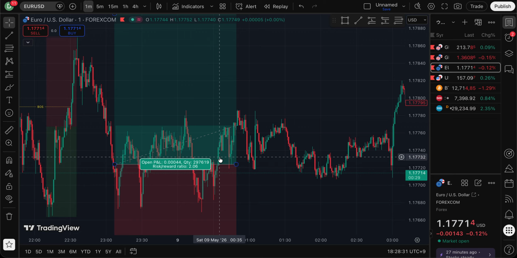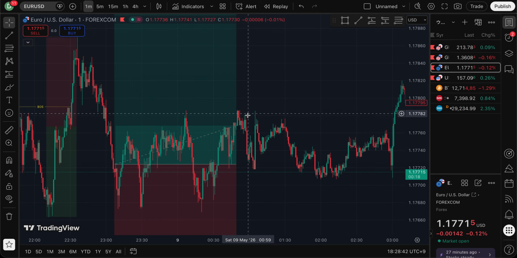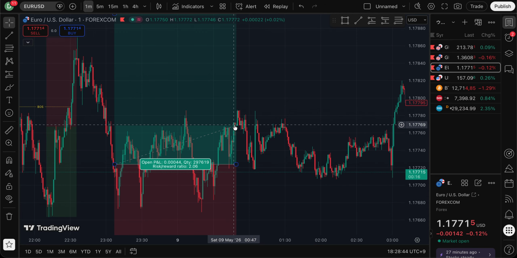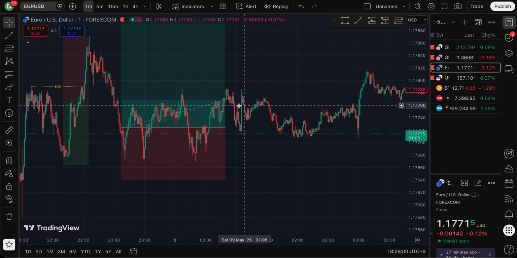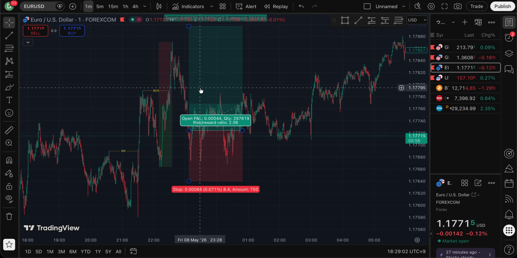And then, I think just before going to bed, I closed the position, around this area right here. It was a break even with like 0.03 profit. Yeah, that's it.